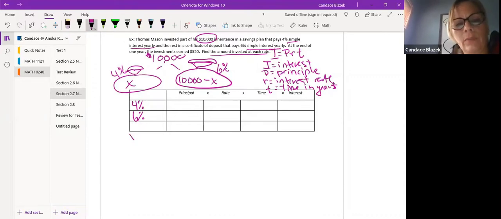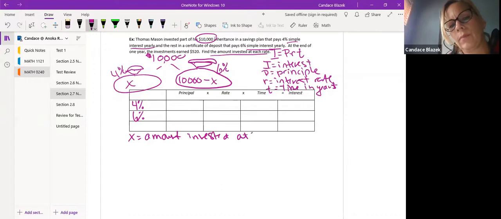So X is going to be the amount invested at 4%. And 10,000 minus X in parentheses is the amount invested at 6%.